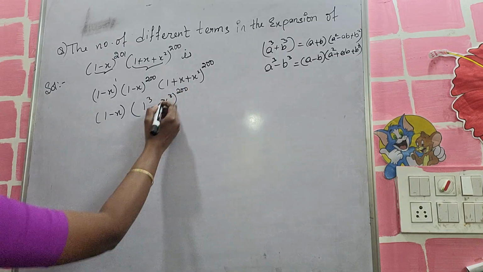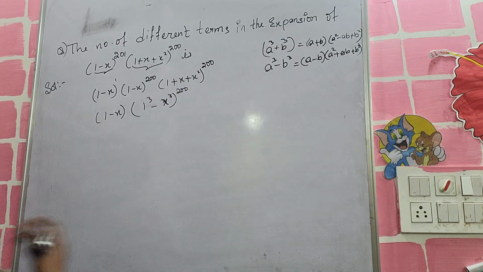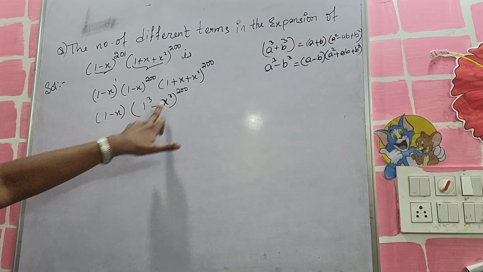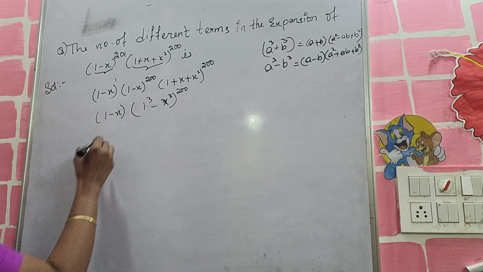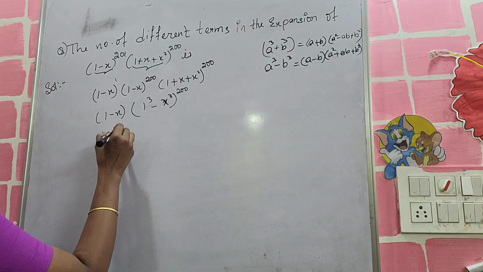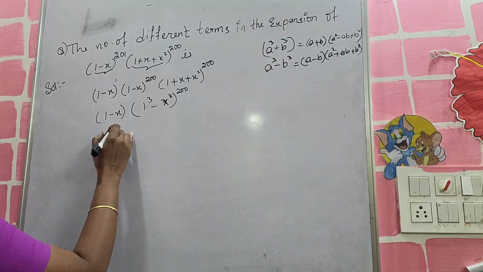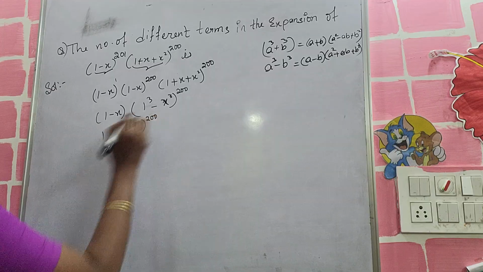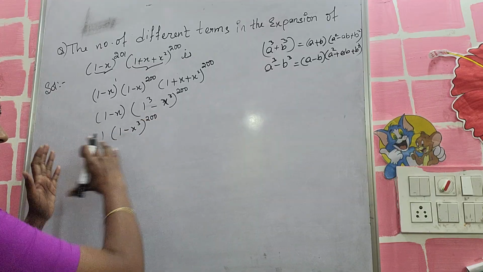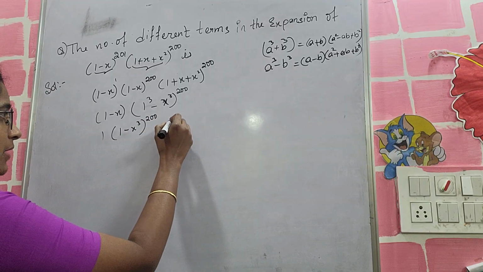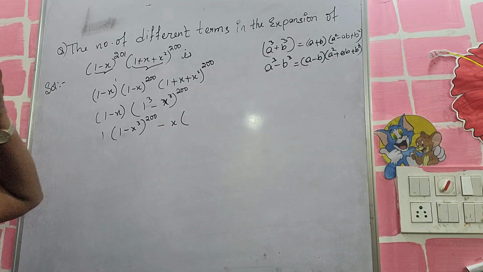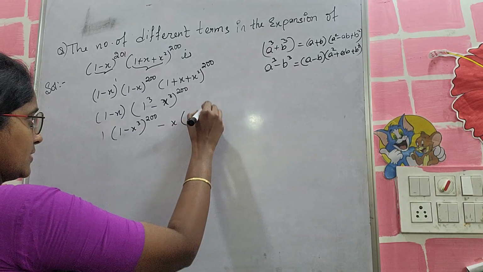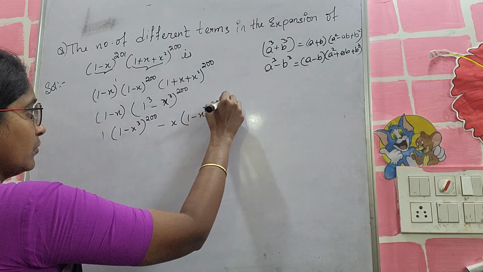This is one binomial expansion. If I do it, then I am going to get 201 terms, and 1 into 1 minus x. So it is 1 into 1 minus x of 200, means all one expansion, minus x of 1 minus x cube whole power of 200.